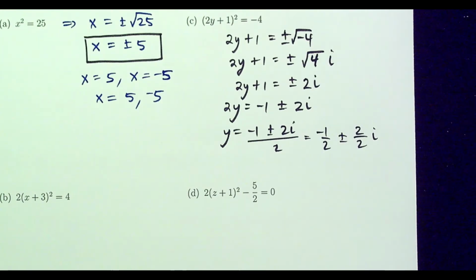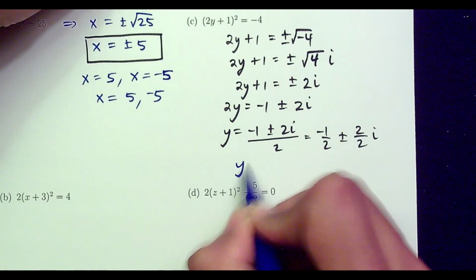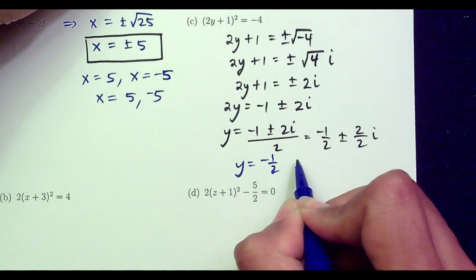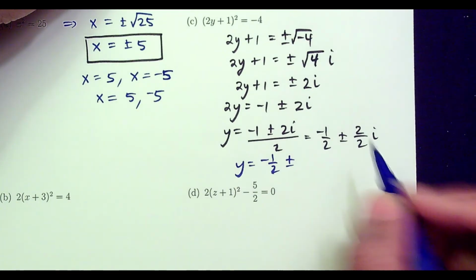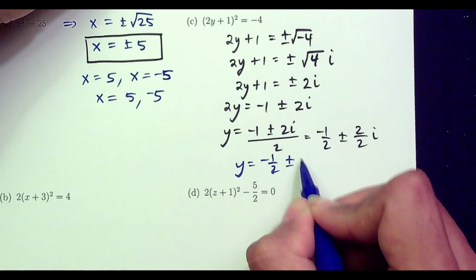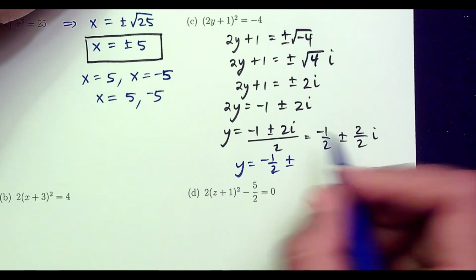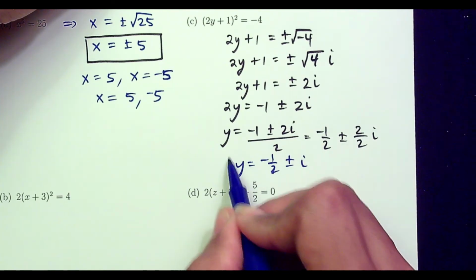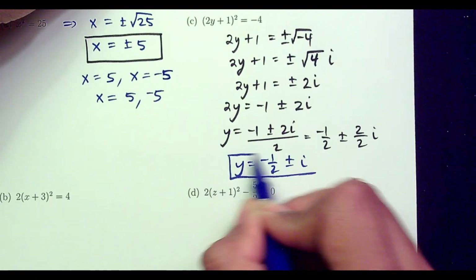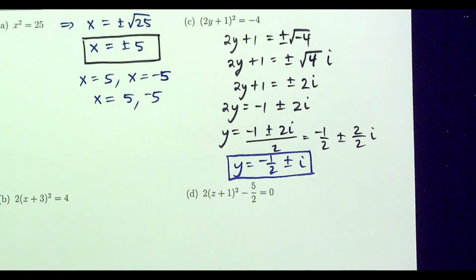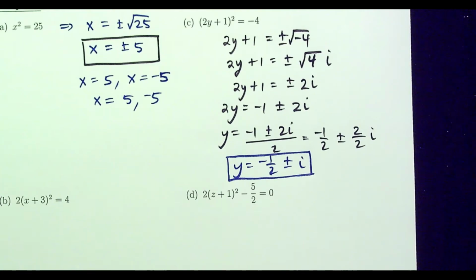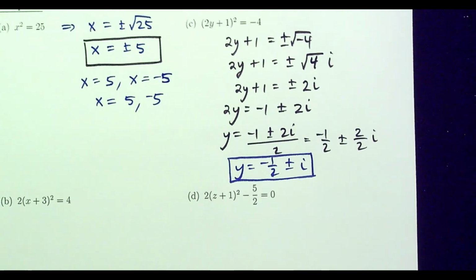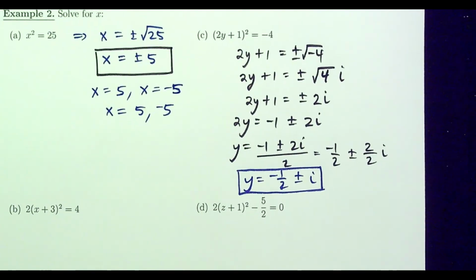This simplifies to y equals negative a half, and then plus or minus 2 over 2 is 1, so 1i, but we never write 1i, we just write i, and that is it. That would be the solution. y equals negative a half plus or minus i.